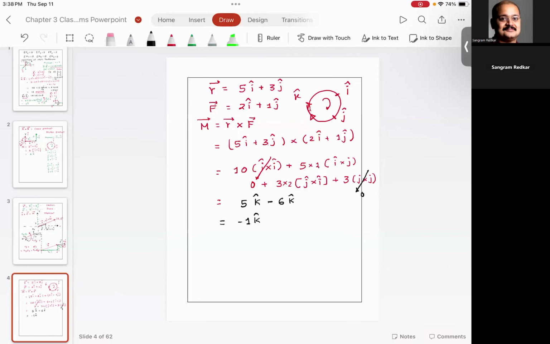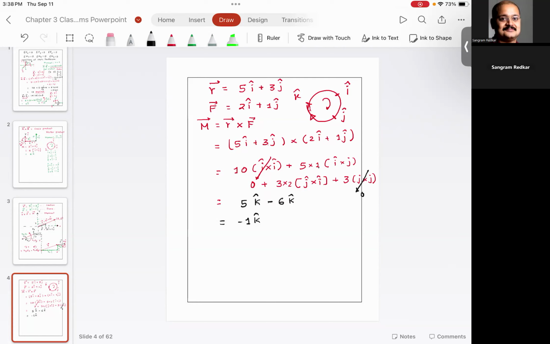Now I want you to do the exact same thing with the problem we have represented in the previous slide. Everyone understood? I solved this problem vectorially and I got minus 1k. What does it mean?